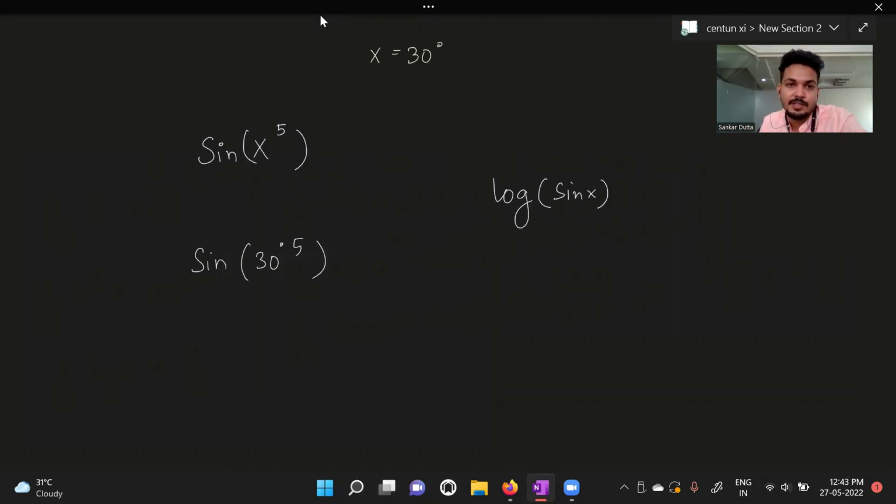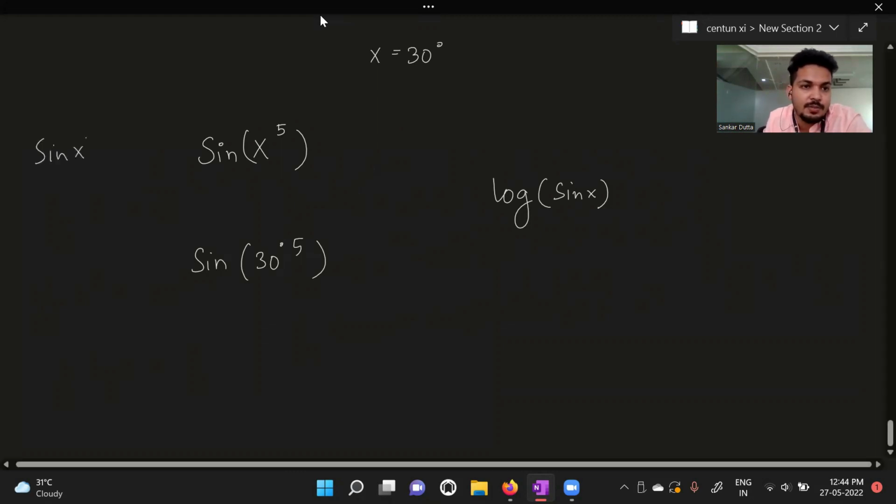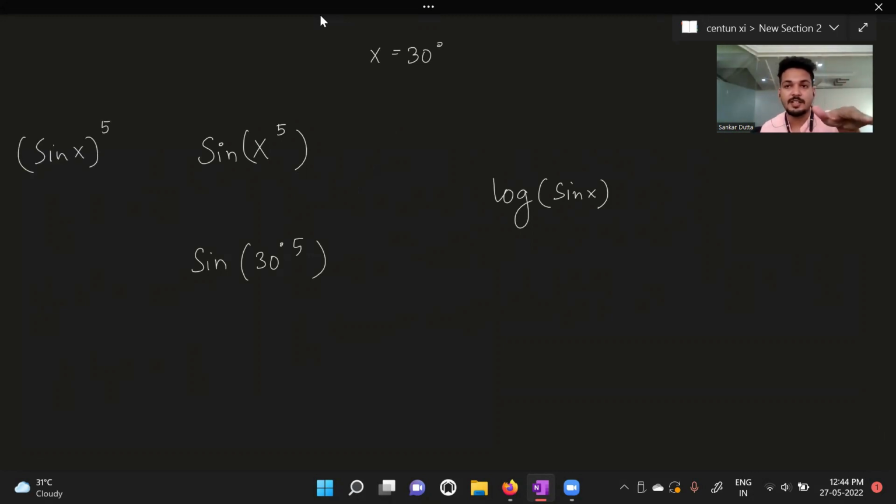Here, in sine of x raised to power 5, the power 5 is actually attached to the x, not the sine itself. You have to differentiate between this and sine x, the whole raised to power 5. These are two different functions. First of all, understand the difference. If you are given x is equal to 30 degrees, in the first function you will first raise 30 degrees to the power 5: 30 into 30 into 30 into 30.